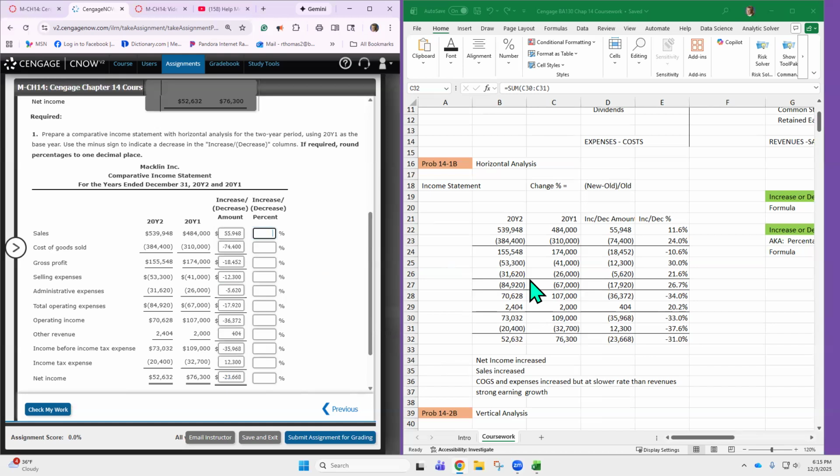Now, when it comes to the increase and decrease as a percentage, we want to make sure that we put the minus sign if it's going down, and we want our number to 1 decimal place. So let me see how I'm doing here.